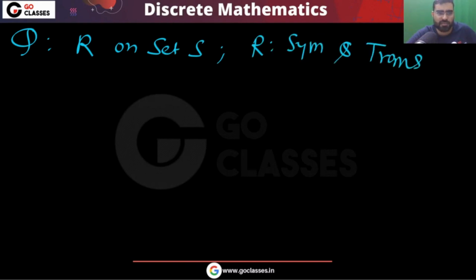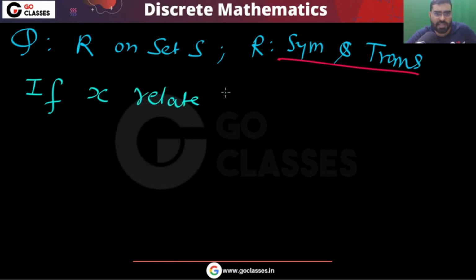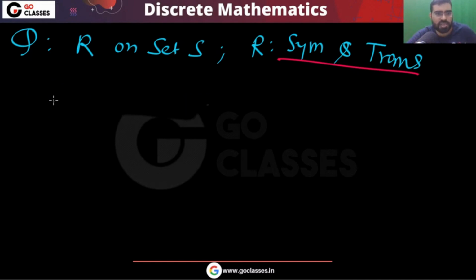Consider an element X. Please read the question I am saying. R is symmetric and transitive, and there is an X belonging to S.